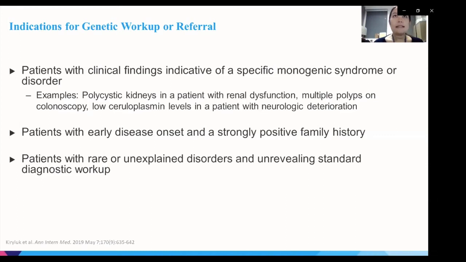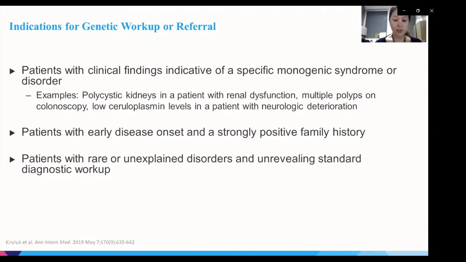And what I mean by early disease onset is something that is atypical for that particular condition. So perhaps it's renal disease in a 30-year-old, or an MI in someone who's 40 years old without any other risk factors, and perhaps have had multiple family members with those same issues. Those are patients that should be referred to genetics.